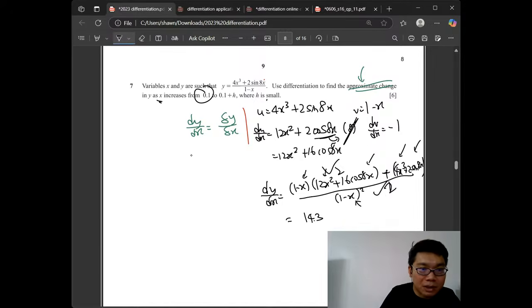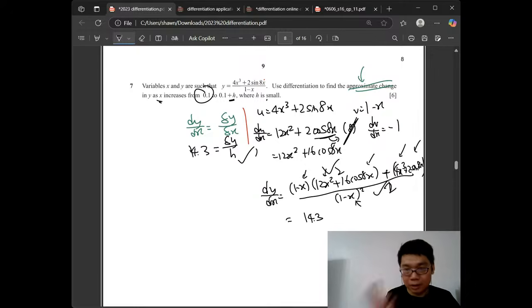You need to sub it here. The small change of x is h. Like this, correct setting has 1 more mark. Then the last mark is you show me this, the end of this question. So make sure you use the correct formula. Then this question is quite simple.